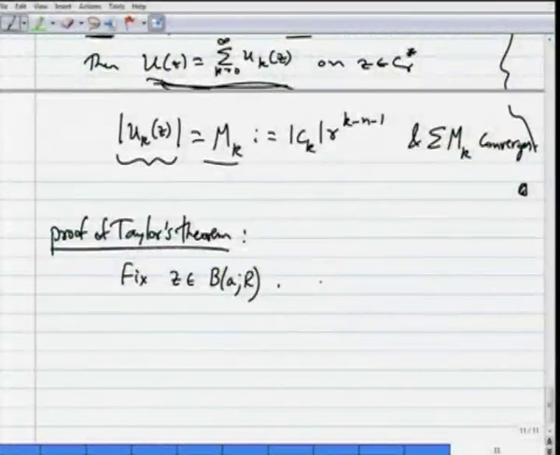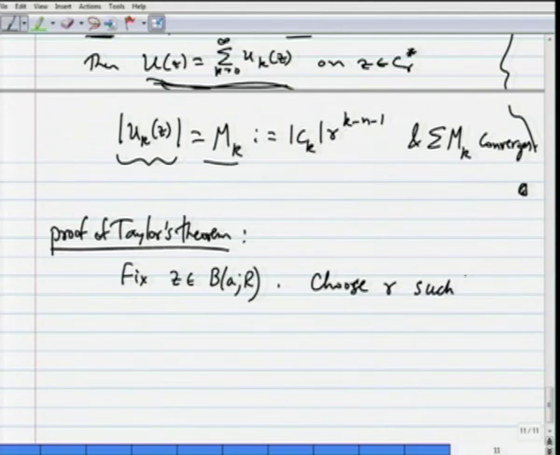So fix some z and choose little r such that the modulus of z minus a is less than little r, which is less than capital R. So we want a little r between the modulus of z minus a and capital R.